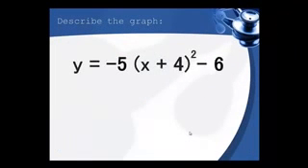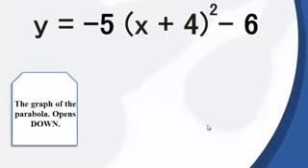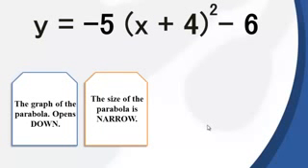Let's have this example now. y = negative 5 times the square of the quantity (x + 4) minus 6. Okay. The graph of the parabola opens downward because a is negative. Because of 5, the size of the parabola is narrow.